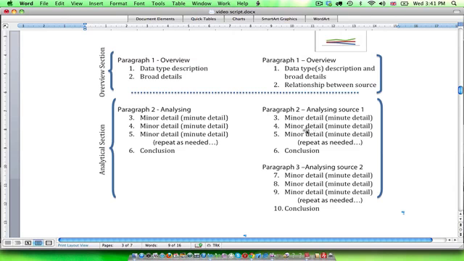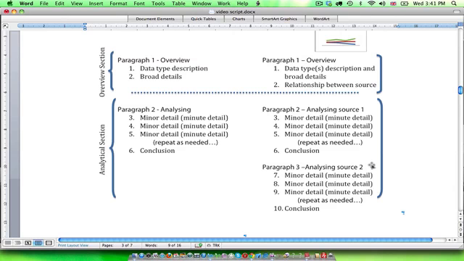Okay, and you keep doing that until you have fully described the data source, and then you share a conclusion, which is typically the final figure that you are given, or if it's a cycle, it would be the final step in that cycle, or if it's a diagram, it would be the final part of that diagram.